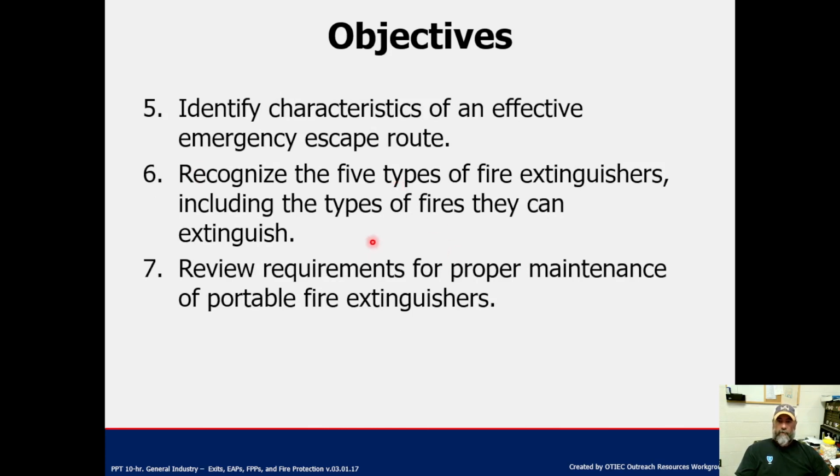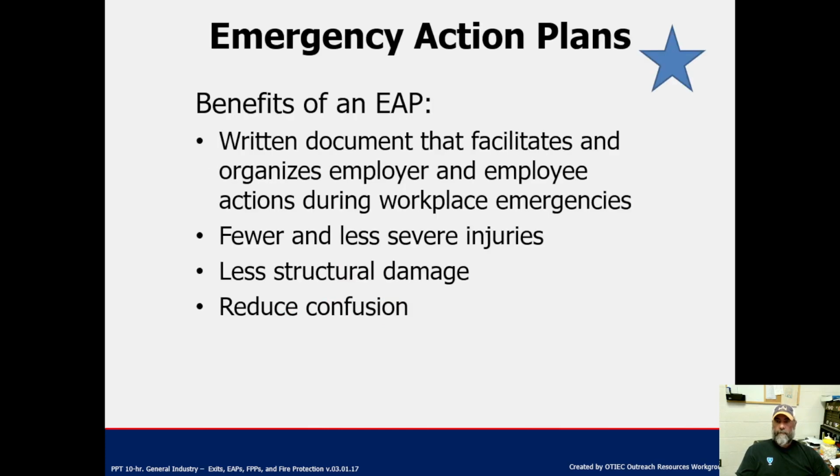There are also different types of fire extinguishers. We're going to cover what the different types of fire extinguishers are and the application of those particular fire extinguishers, and last but not least, OSHA's requirements for the proper maintenance of those portable fire extinguishers.